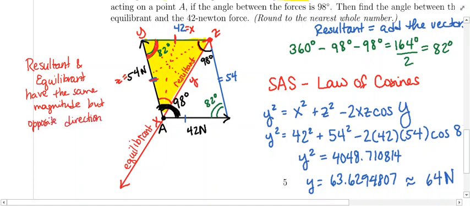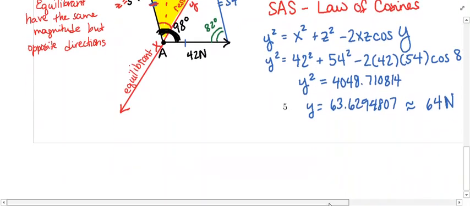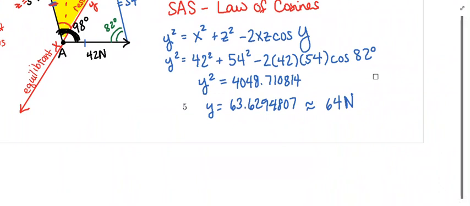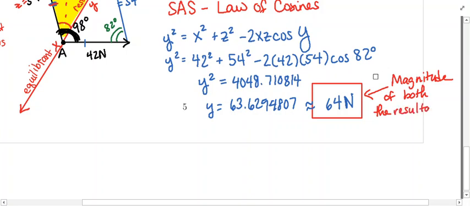We're asked for the magnitude of the equilibrium, so that means it's going to be the same as the magnitude of the resultant. So this actually is what we're looking for. I'm going to write right here, this is the magnitude of both the resultant and equilibrium forces.